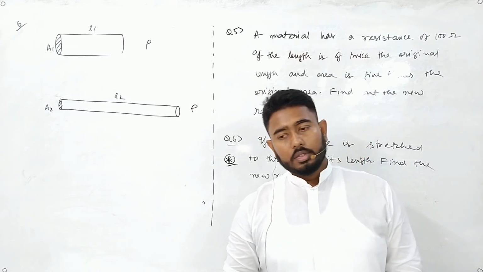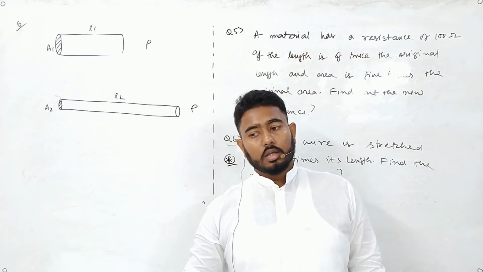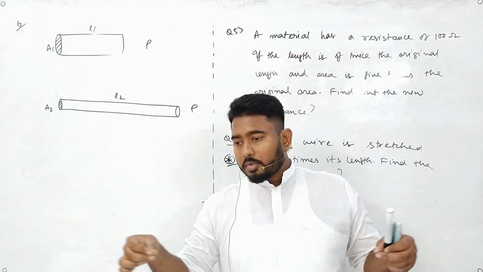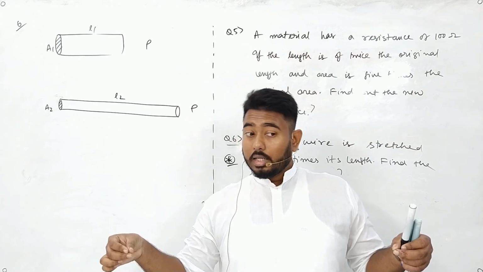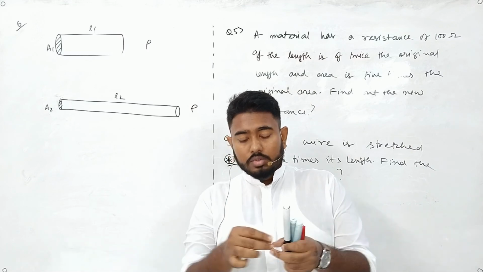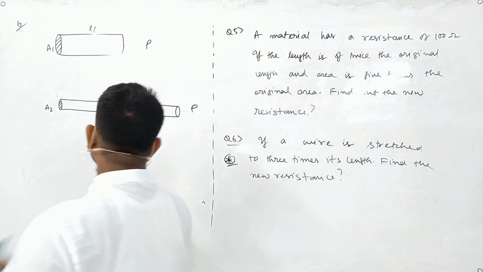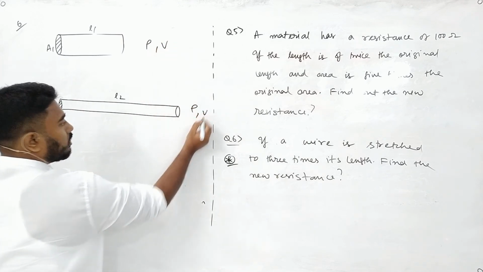Now can you tell me, if I stretch the wire, is the volume changing? The length is changing and the area is changing, that is for sure. But is the volume changing? You stretch a rubber band, does the volume of the rubber band change? No. So we also have the volume constant.